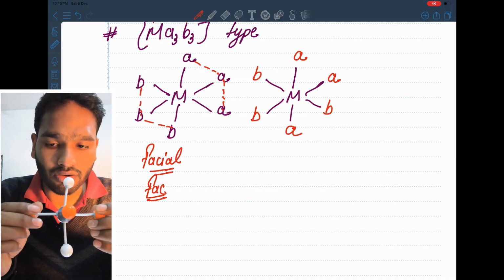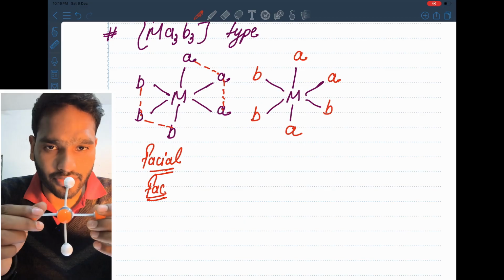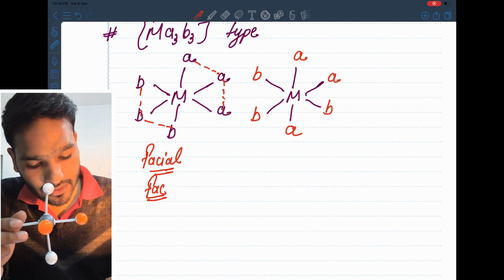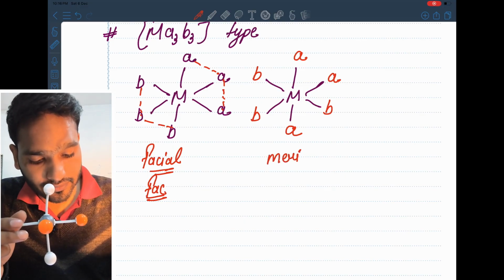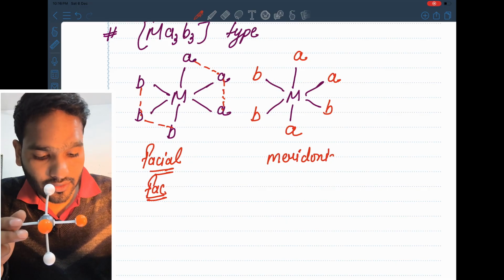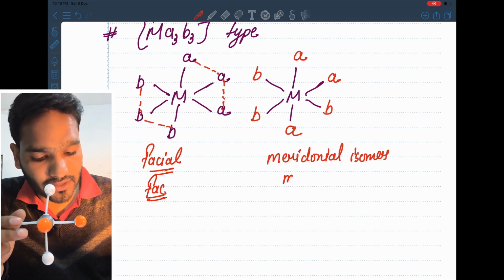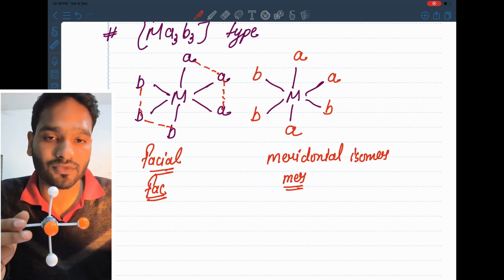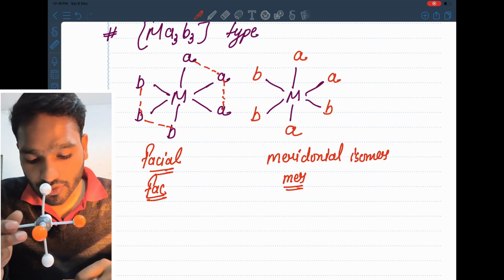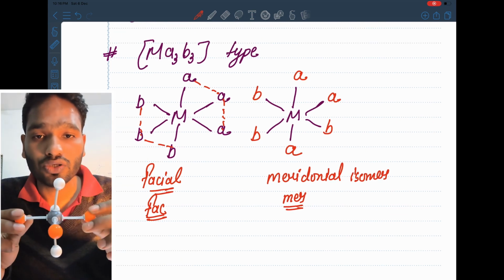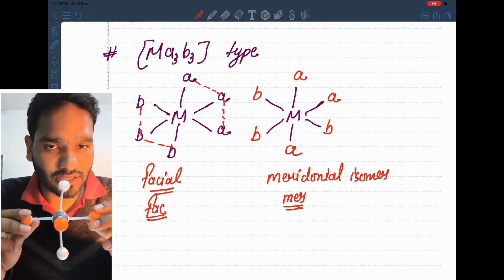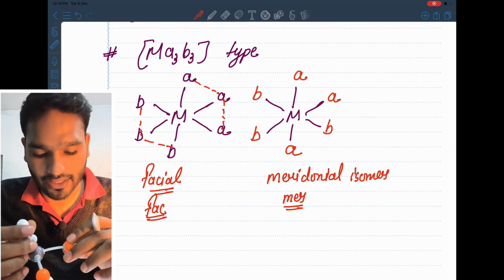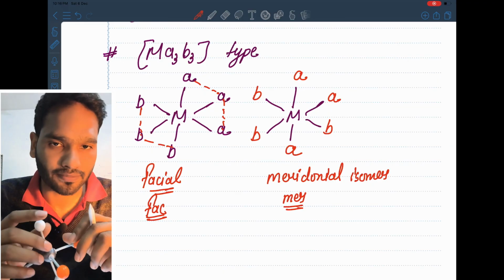These all 3 atoms are on the meridional, so we'll say this is the meridional isomer. In the short form, we represent it as MER isomer. So for this particular geometry, there are 2 types of geometrical isomers possible: facial and meridional.